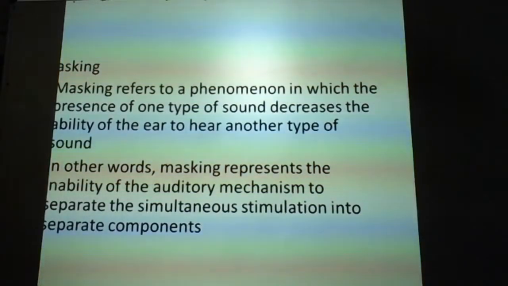Masking refers to a phenomenon in which the presence of one type of sound decreases the ability to hear another type of sound. For example, if you are in a classroom which has 2-3 fans with loud sound, you will not be able to hear the teacher's voice, or the sound outside, because the noisy fan will be predominant. Similarly, in a vegetable market, you will not be able to hear the ringing of your phone.